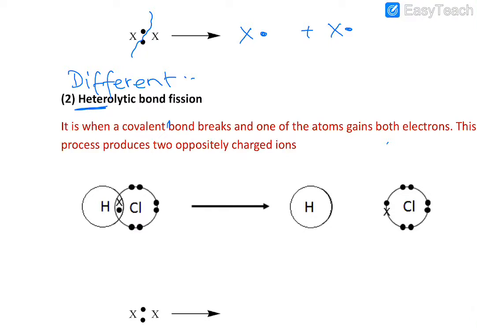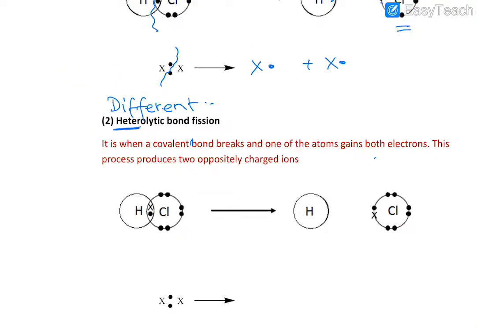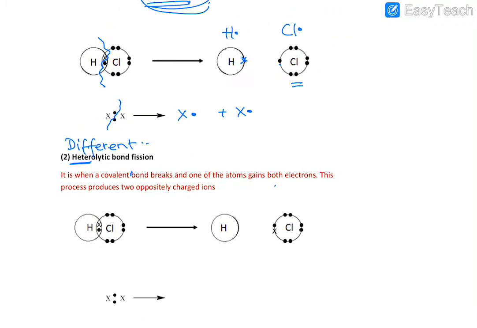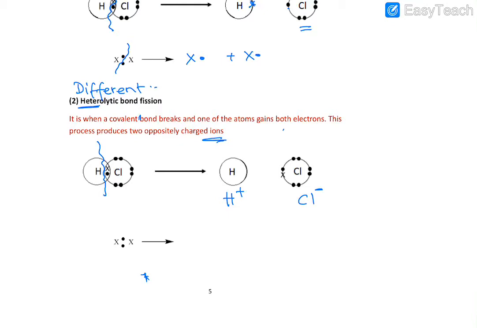So one is going to gain both electrons involved in the bonding, and here you're going to have the formation of ions. So in this case, if chlorine retains both electrons, you will end up with H plus and Cl minus. So you have charged particles. So here, if it splits here, you'll have X plus and X minus.